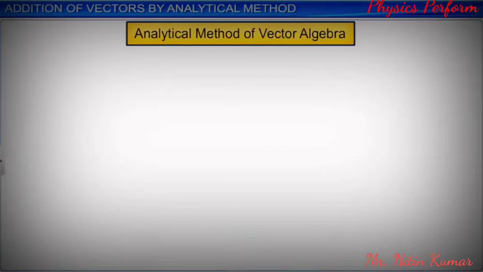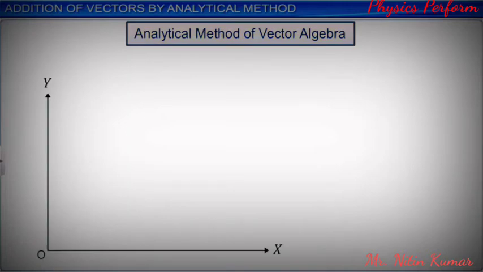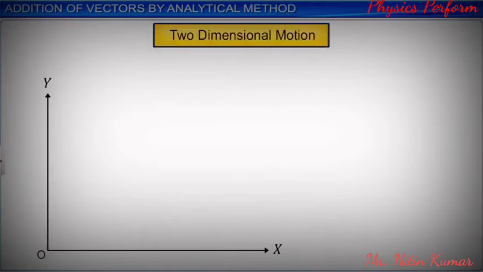Now, let's see how vectors are added by the analytical method. First, we will discuss vector addition for planar motion or two-dimensional motion. When dealing with planar motion or two-dimensional motion, you need to resolve the given vector along i and j only. Now, consider a vector A on the xy plane.